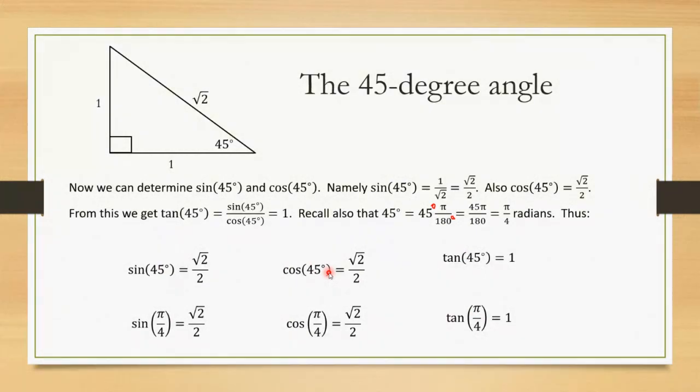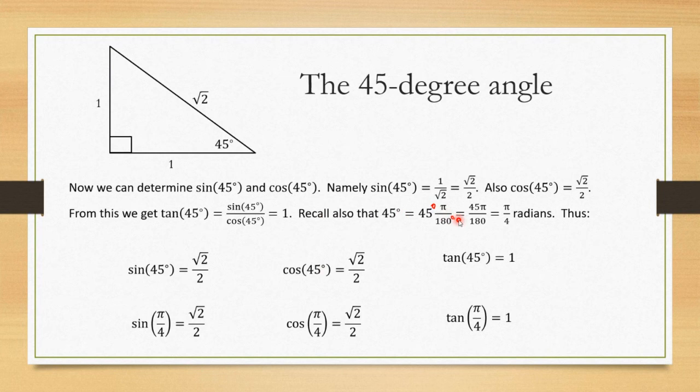Can you go over where the recall part is? I don't really understand where the numbers and where the pi is coming in from. Oh, this part here? Yeah. So basically what I did was I converted 45 degrees to radians. And to do that, you have to multiply by pi over 180 degrees. That's just how you convert from degrees to radians.